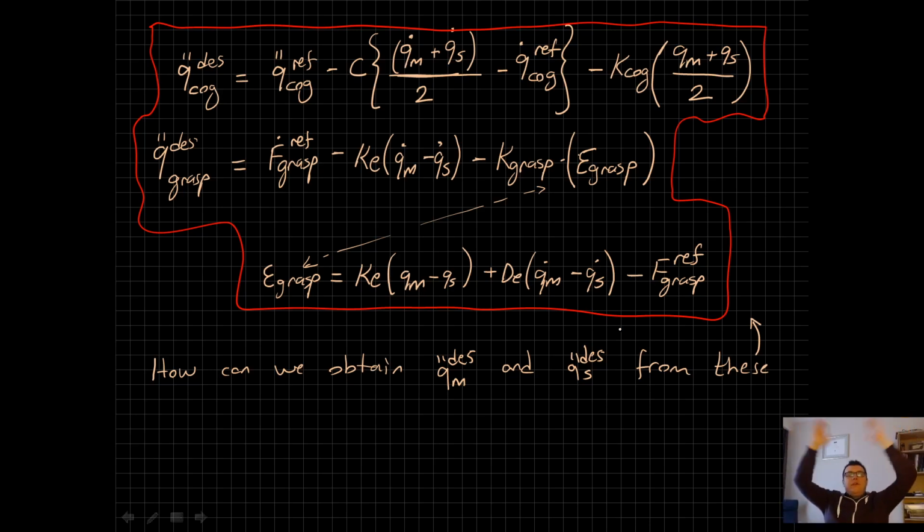Remember in the first hour I was telling you that for systems with multiple degrees of freedom or multiple components, we make the derivation taking into account the overall objective, which we have done so far, and we apply the control on each of the single degree of freedom systems. So eventually we have to acquire master and slave side desired accelerations from these two equations. But it's not too difficult.